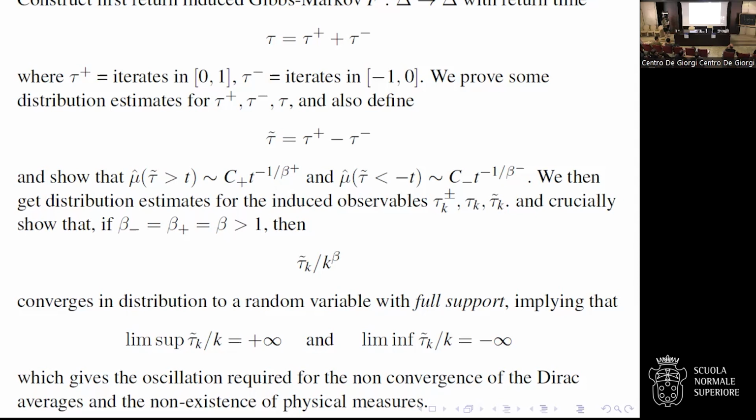And this will give us the fact that the lim sup is plus infinity, and the lim inf is minus infinity. Okay, exactly, yes. So this is the key point in the end, to be able to show that we do not converge, because we spend infinitely much time on one side and infinitely much time on the other side with the right frequency. Okay, this is just a very brief sketch, of course.